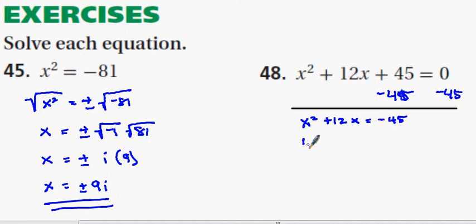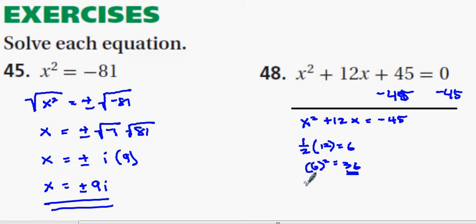So I find out what half of 12 is, which is 6. I square 6, which is 36. And this is the number I'm going to add to both sides of this equation.